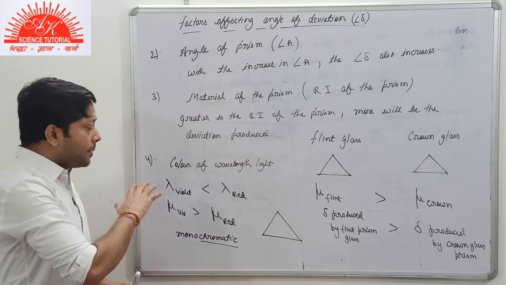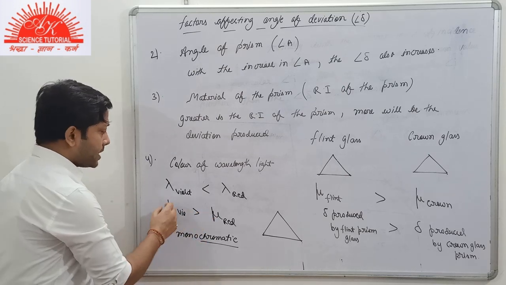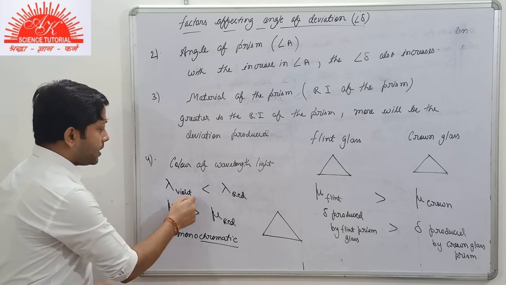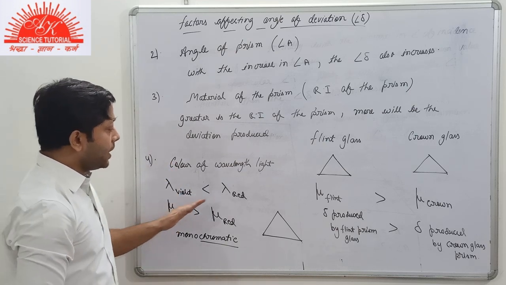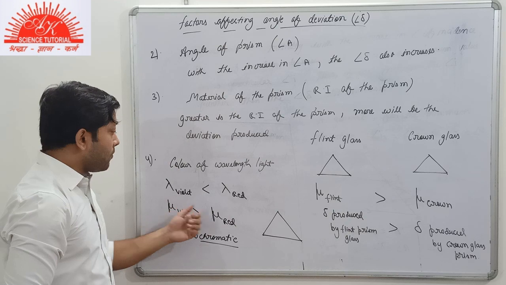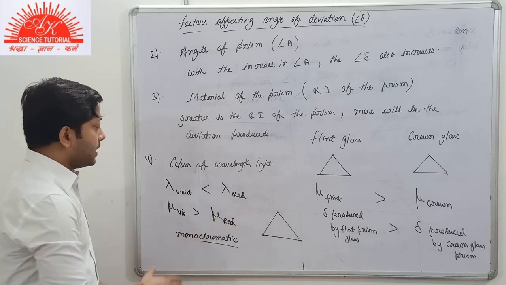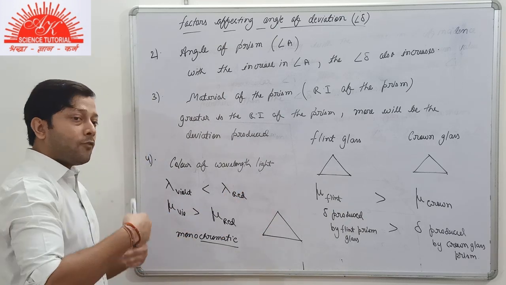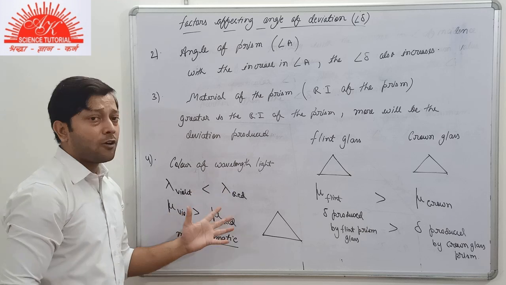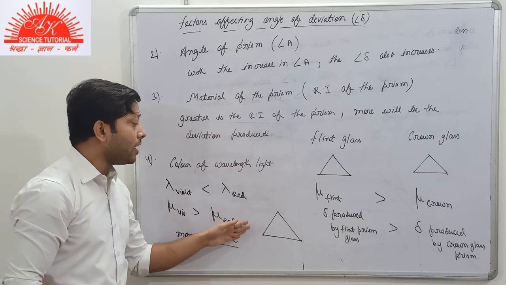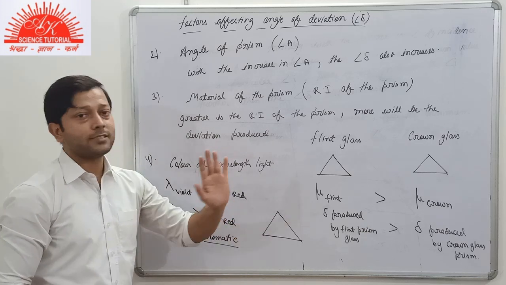So if we take a monochromatic light ray, such as for the first time the violet color of light, and we allow the violet light to enter the prism, then it is deviated. Then for the second time we take the red color of light and we allow this red light to strike the prism and enter inside it.